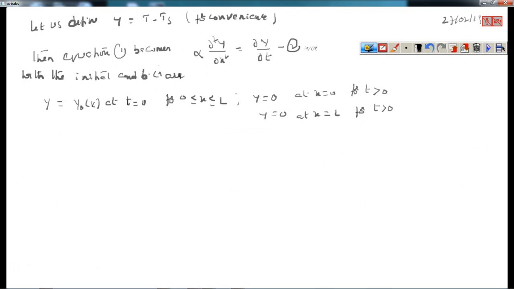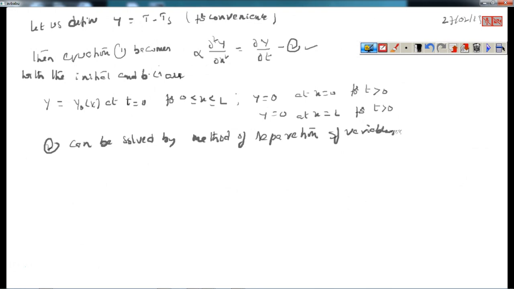Since y is a function of x and t everywhere, the solution will be in the form y is equal to f(x) g(t).